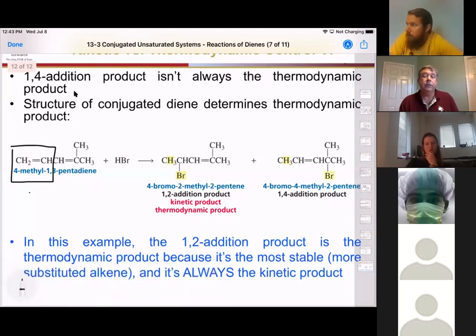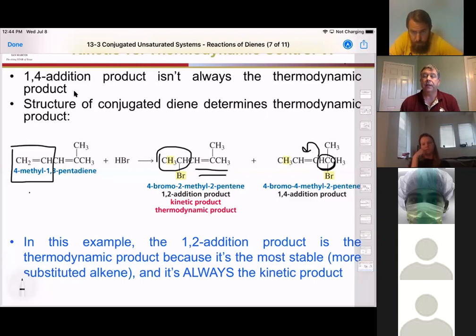Now, if we were to create the 1,2 addition product, the kinetic product, we will lose this monosubstituted alkene, and we're not going to touch the disubstituted alkene. So that's the 1,2 product. That's the one we expect. Now, if we wanted a 1,4 addition, we're going to take away that tri-substituted alkene and turn it into a disubstituted alkene.